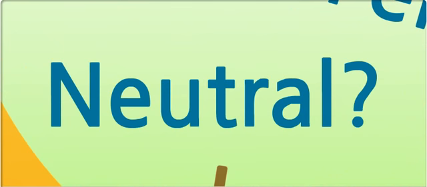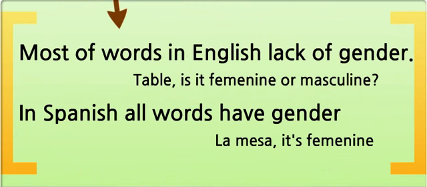Does it exist? Well, we can say that in English it does exist, because most words in English lack gender. It's impossible to know the femininity or the masculinity in a table, or in a book, or in a flower, for instance. Then, we cannot say that words in English have gender. Well, most of them.